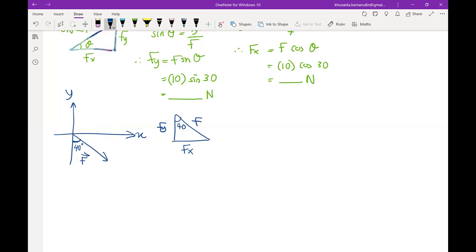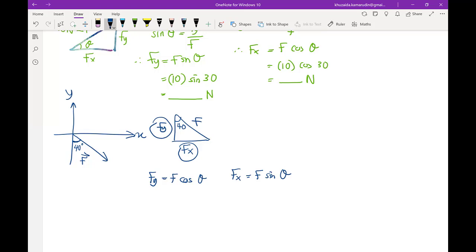Since fy is the adjacent, ni cara mudah untuk ingat, fy is the adjacent, so you akan gunakan equation cos: fy equals f cos theta. And fx is the opposite of the angle, so kita akan gunakan equation fx equals f sine theta.